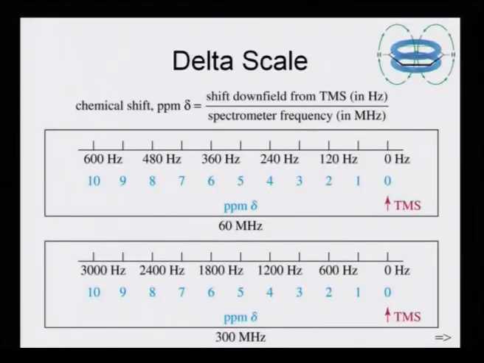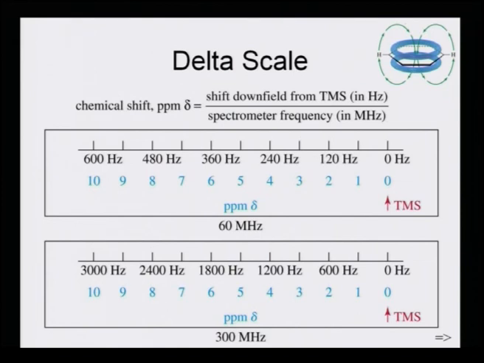Now, if you try to look at the delta scale, the chemical shift or the ppm or the delta value will be the shift downfield from TMS in hertz upon the spectrometer frequency in megahertz. So, what is the frequency in megahertz and what will be the relative chemical shift?